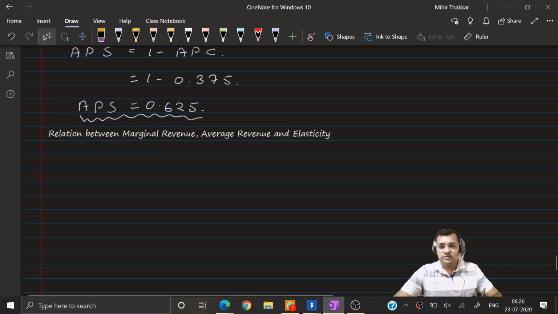The relation between marginal, average and the elasticity is actually very simple.